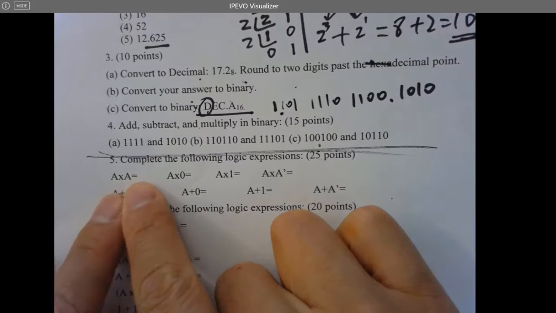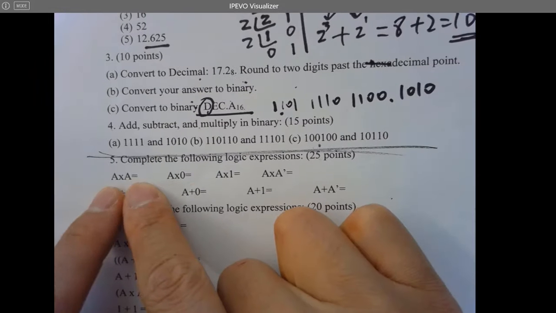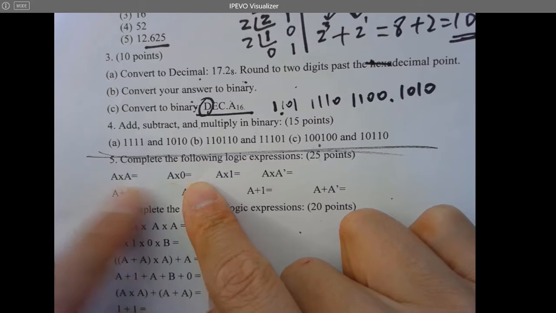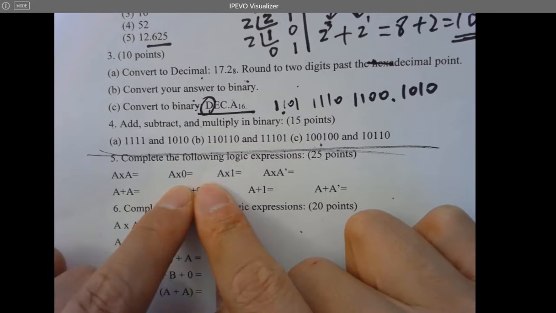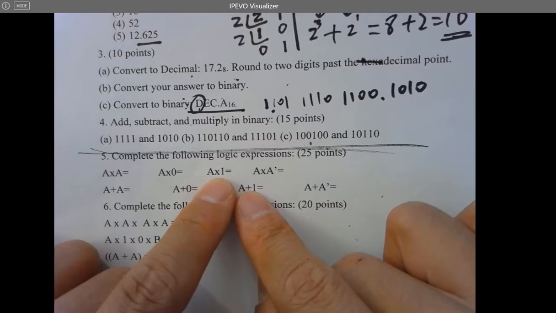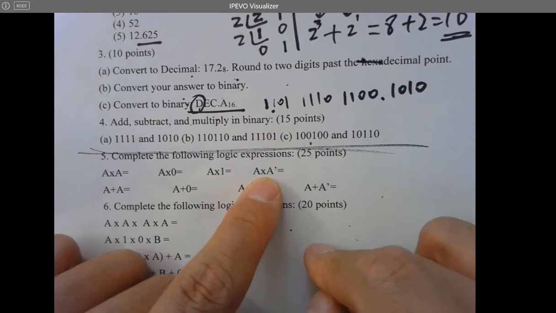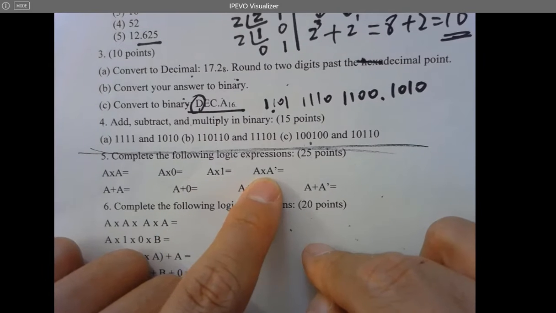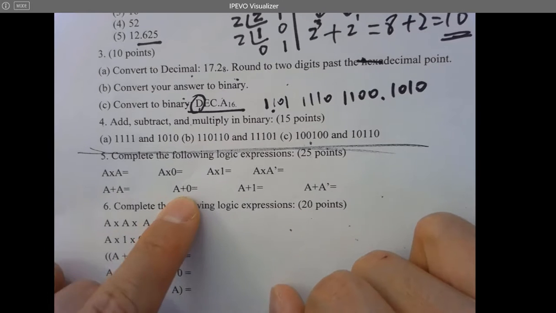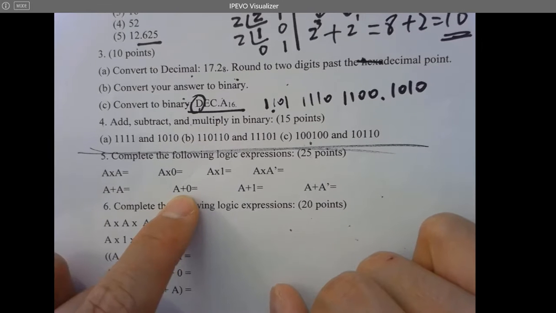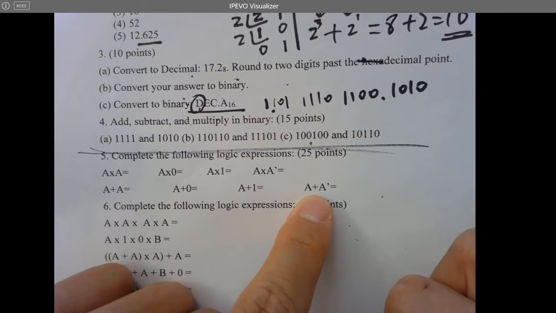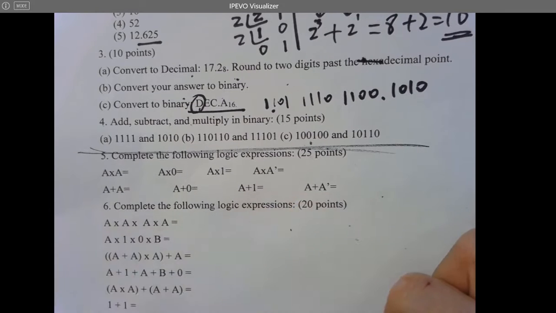What is this? A and A is A. A and 0, A and 1, A, A and A NOT. A and A or A, A or 0, A or 1, A or A NOT.